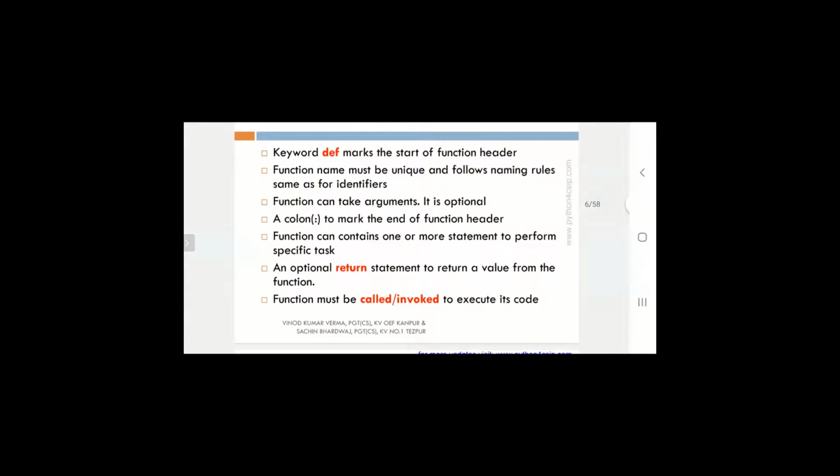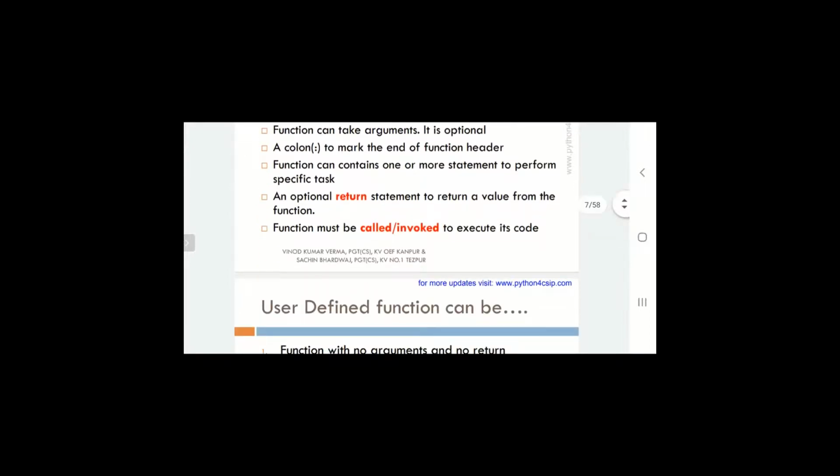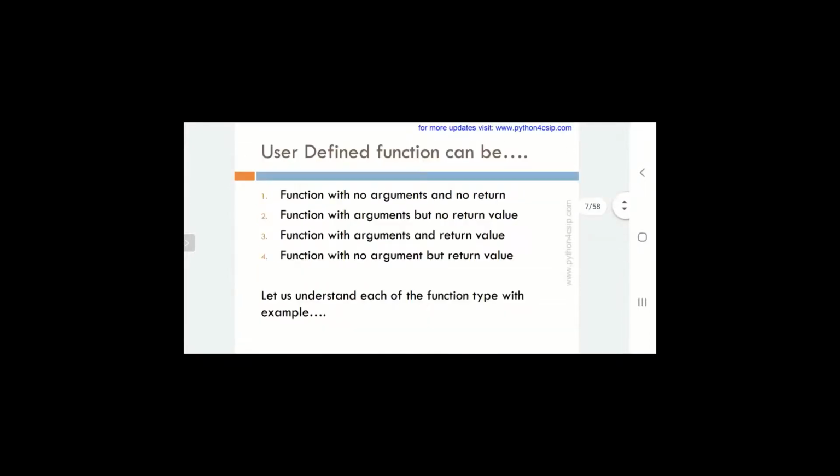The function can return or cannot return, so the function may be void or non-void. We have seen these two types of function. If a function returns something, that is a non-void function. If a function doesn't return anything to the call statement, then the function is called a void function.